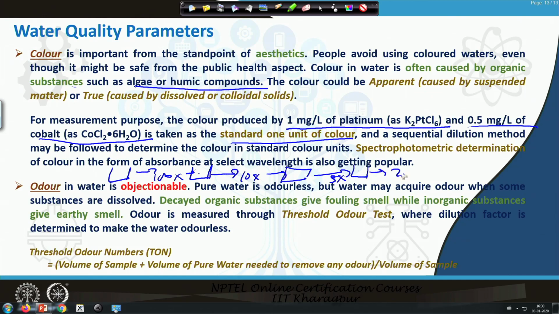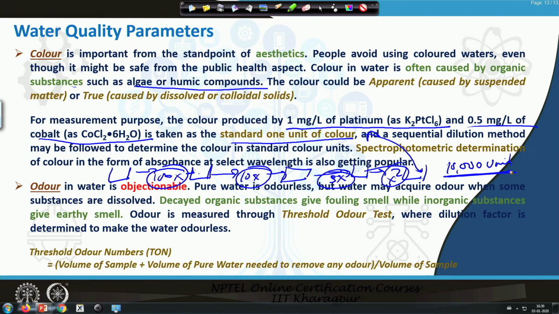So, we again dilute it say 2 times and then we see that okay, now this is more or less matching with this. So, the unit of the color in standard unit is because we had a 100x dilution, then 10x dilution, then 5x dilution, then 2x dilution. So, you have to multiply all these. So, 5 into 2, 10 into 10, 100 into 100, 10,000. So, the color is actually 10,000 standard units of color.